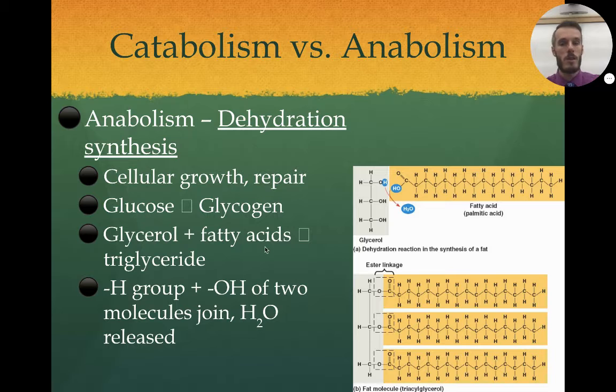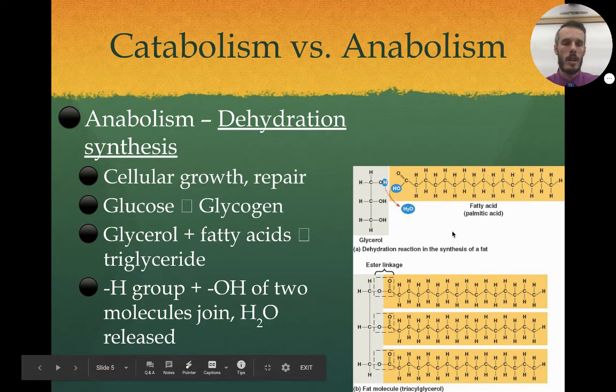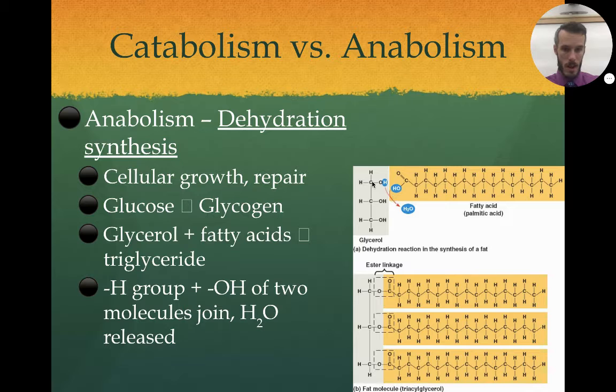It could be the formation of a triglyceride by bonding, as we see here in this picture, a fatty acid tail to the glycerol. Basically the water is coming from the OH group on one molecule and the H on a different one. So they bond together, they're released, and now we have the carbon here bonded to the oxygen.